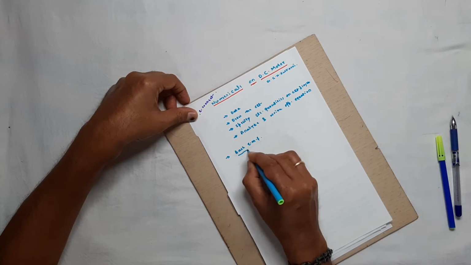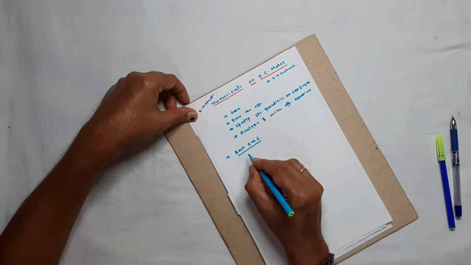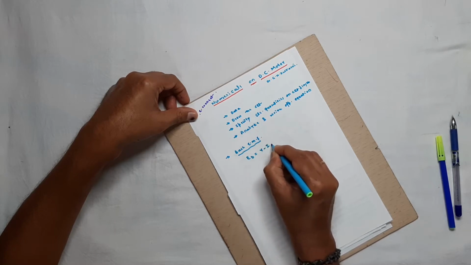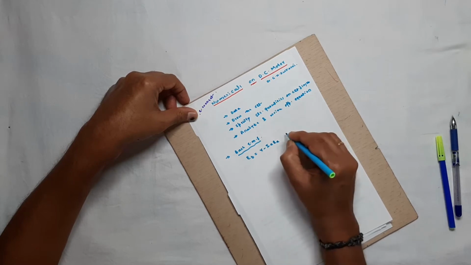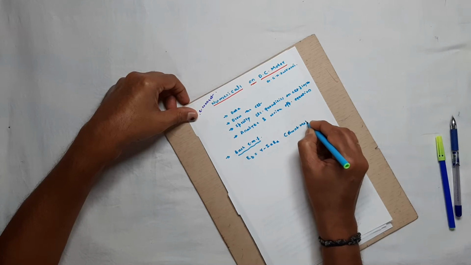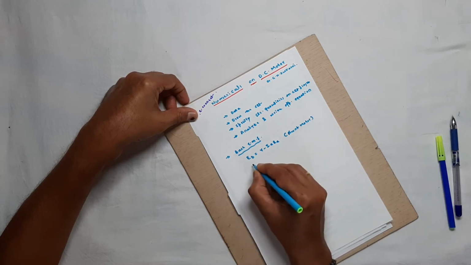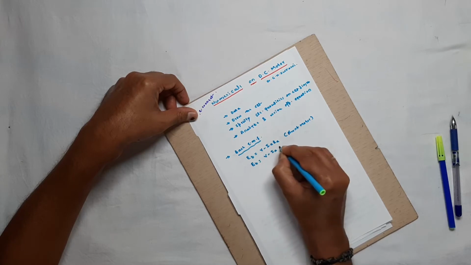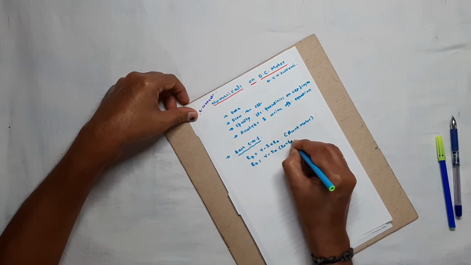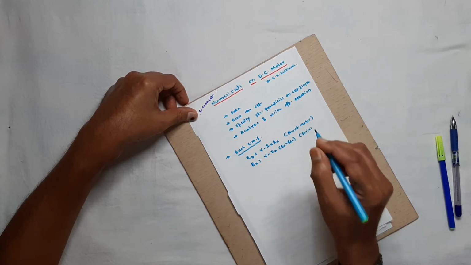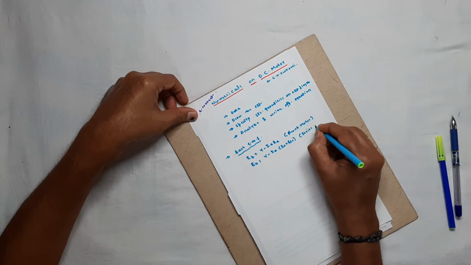The back EMF equation you are getting for a shunt motor, Eb is equal to V minus Ia Ra for shunt motor. Then Eb is equal to V minus Ia into Ra plus R series for series motor. You are using these two different equations for different motors.